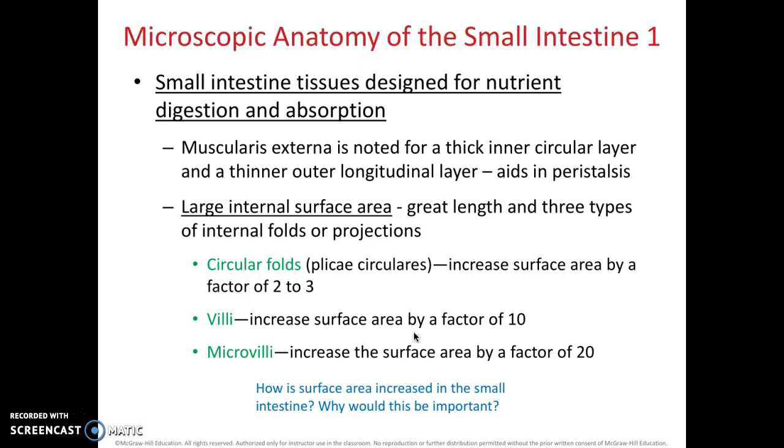So it moves out so it can eventually be defecated. It also has a very large internal surface area, which helps to aid with digestion and absorption. There are three main ways that it increases intestinal surface area, and these are the circular folds, the villi, and the microvilli.